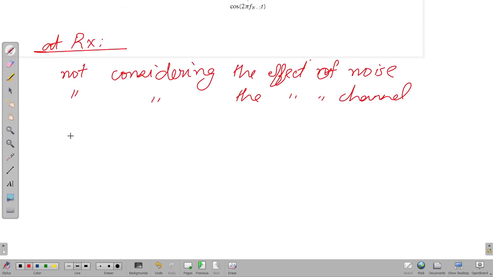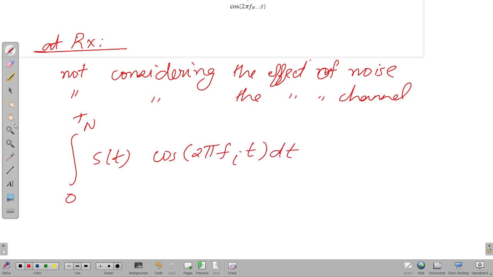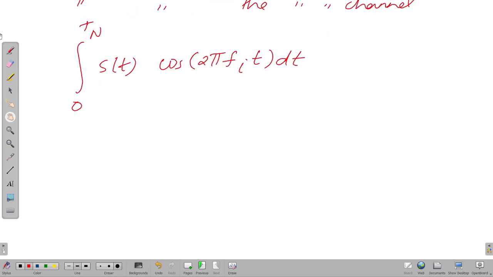What happens is the receiver does this operation, 0 to Tn. The signal S of T reaches here. S of T will get multiplied by cos 2 pi Fi t dt. Let me expand S of T here.